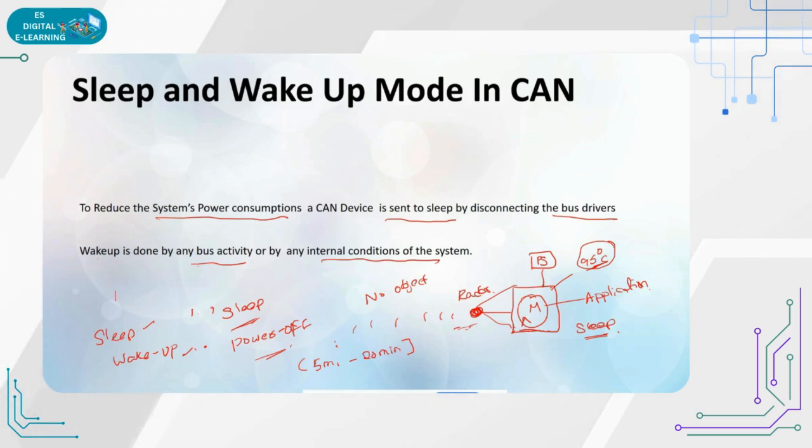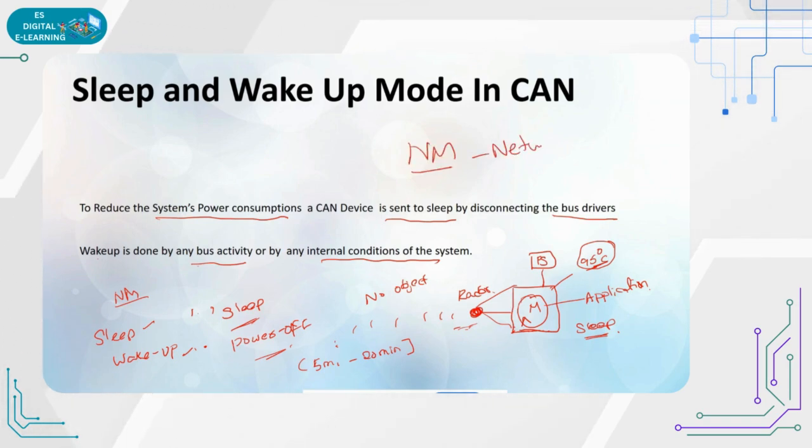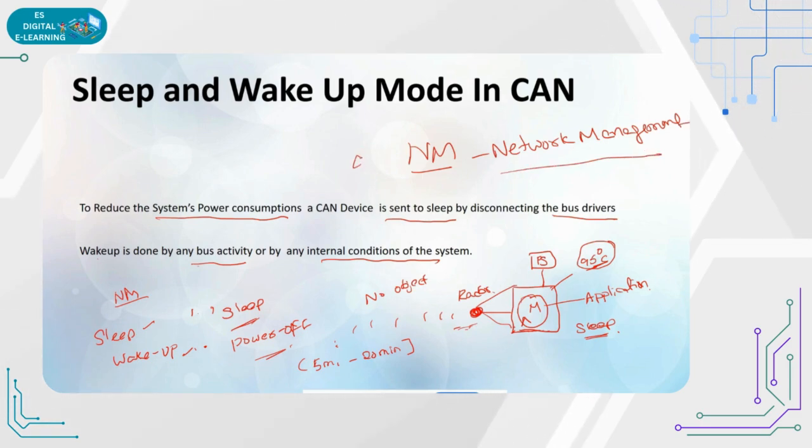So we have one signal, okay? We usually say NM message, which means network management. So we have this CAN NM, where we usually perform sleep and wake up.